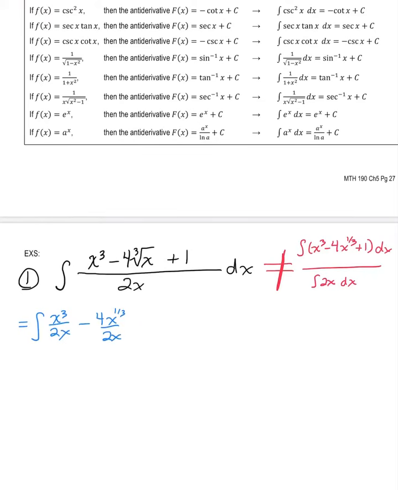Since we're just dividing by a monomial, we can divide each term in the numerator through by that monomial in the denominator. And then when we are dividing with the same base, we are going to subtract our exponents. So the first term, I'm going to think of that as 1/2, just a constant multiple, x to the second power, minus, reducing 4 divided by 2, 2, and then x to the 1/3 minus 1.